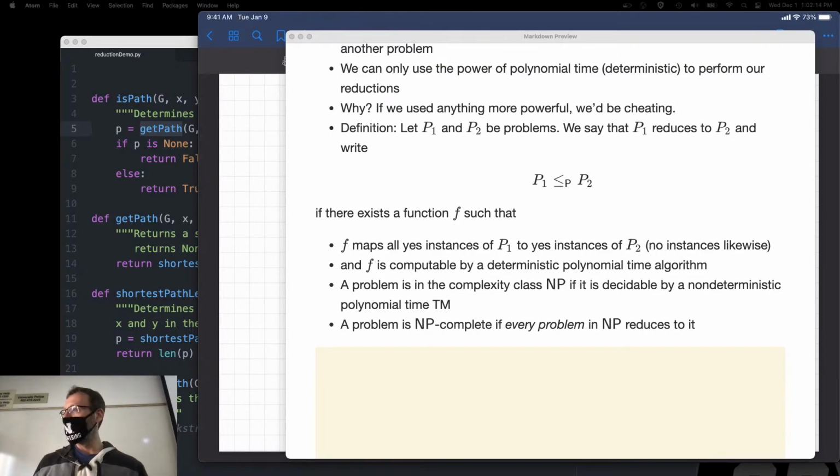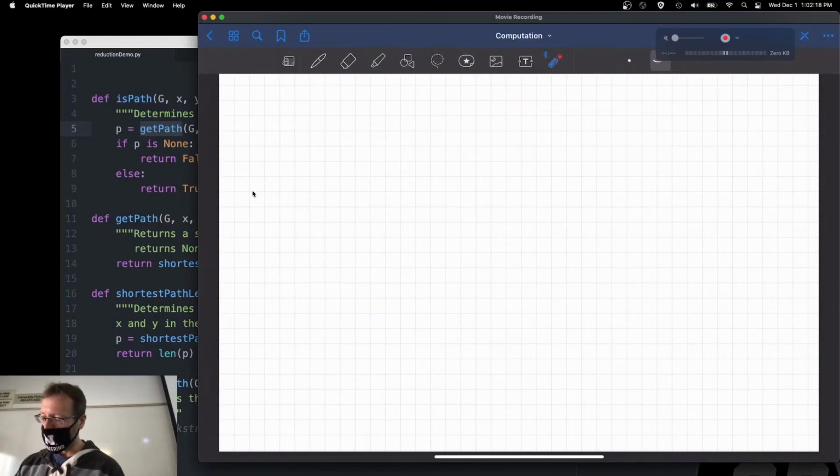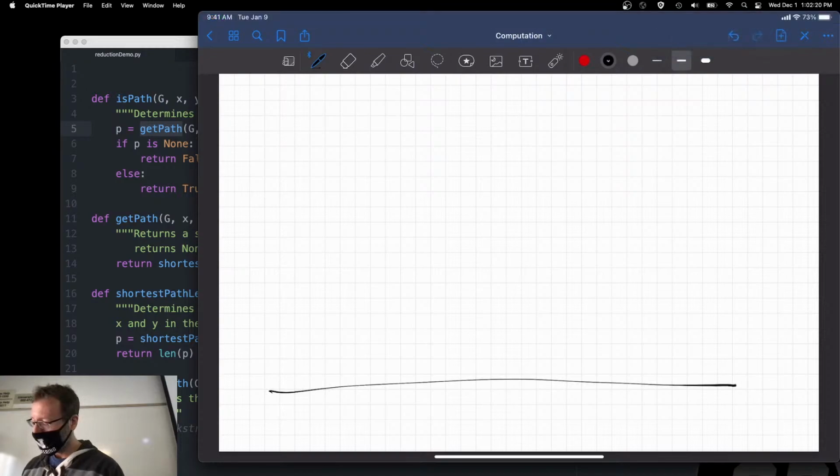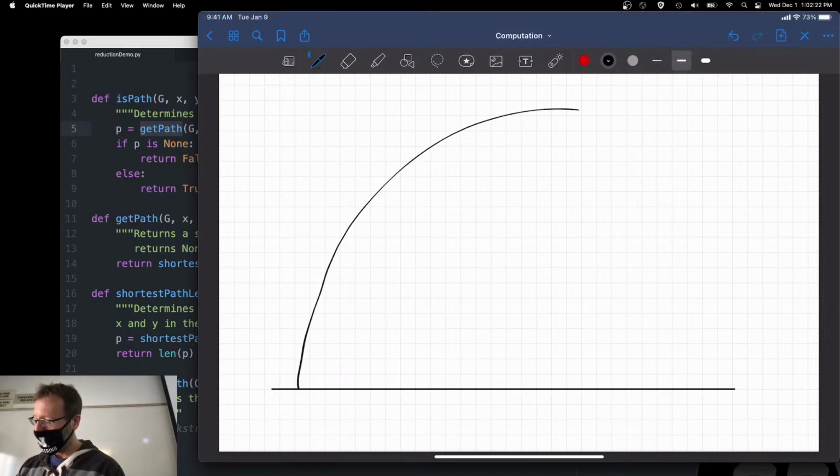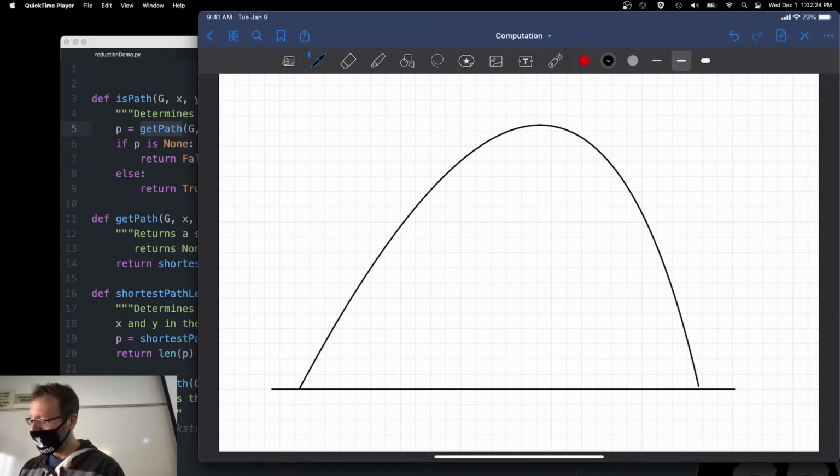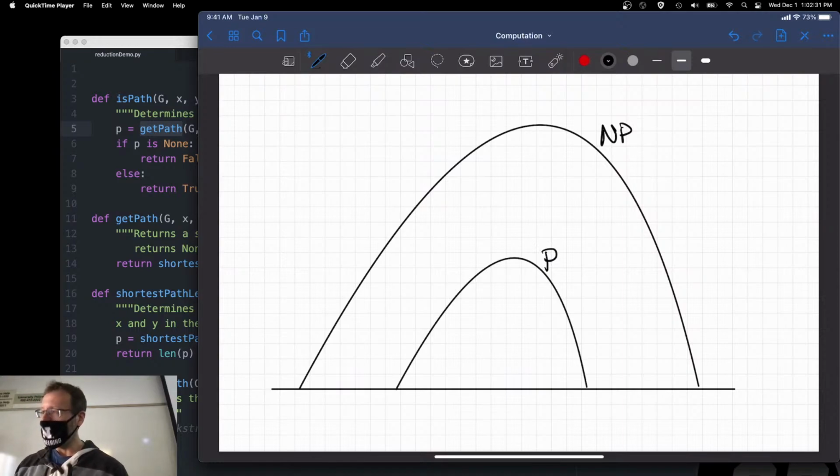So let's come back over here to our complexity landscape and redraw it. Here's NP. Here's P. And now we have this new class of problems called NP complete. What I'm going to do is establish that up here.